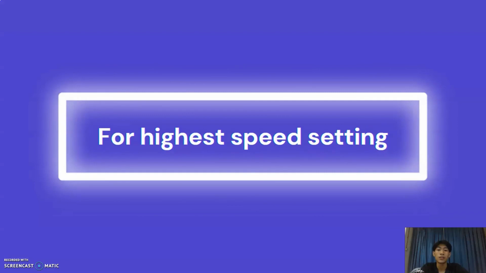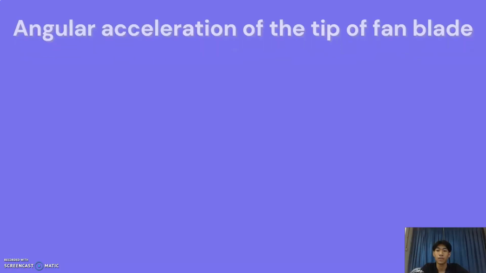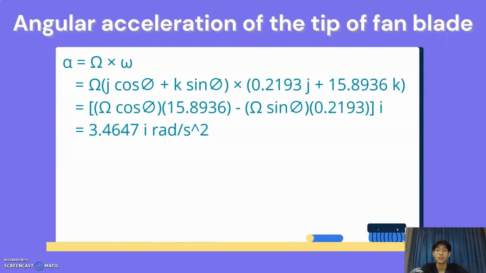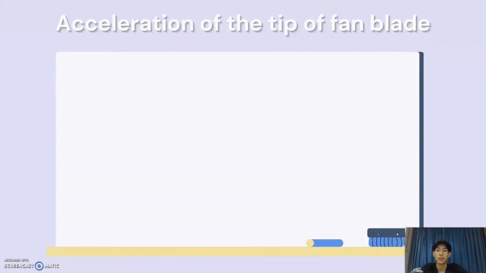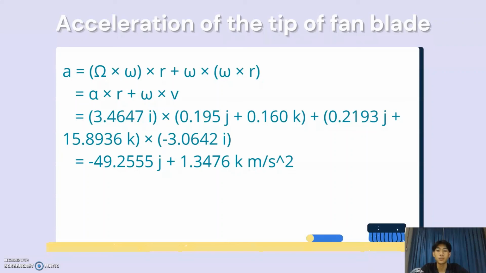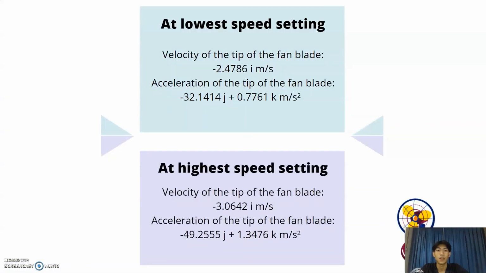And then for the higher setting, we just need to replace the variables, as you can see here, and the same for the acceleration. For the result of our experiment, at the lower setting we get the respective number, and for the higher setting we get the respective number.